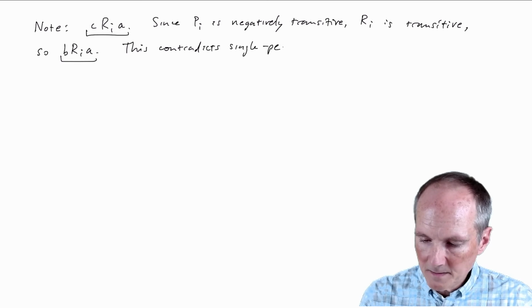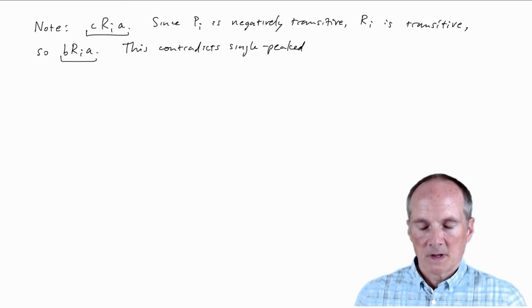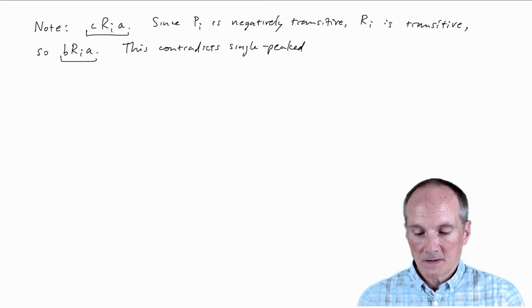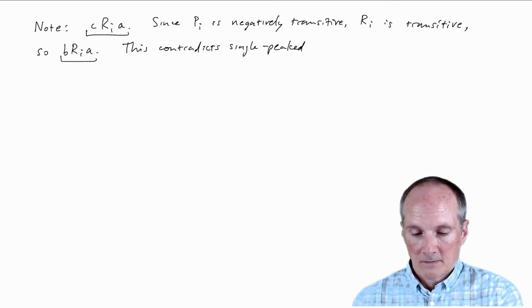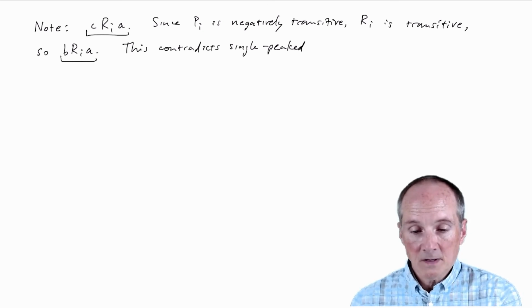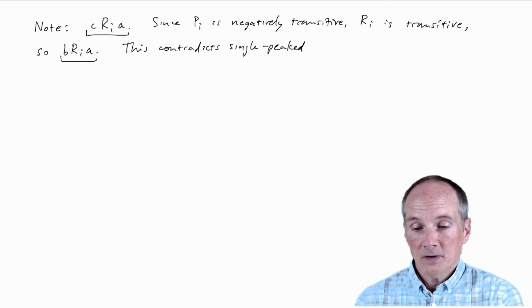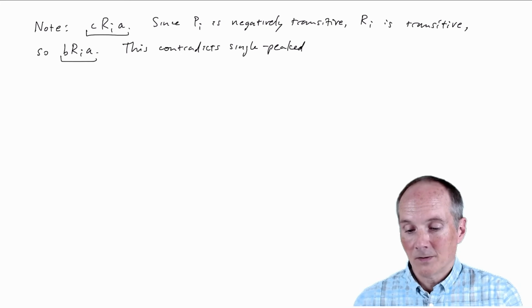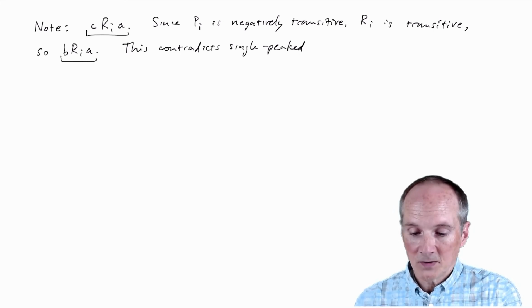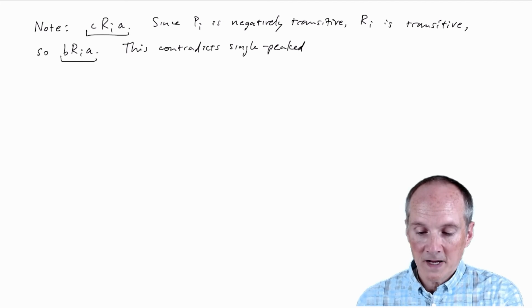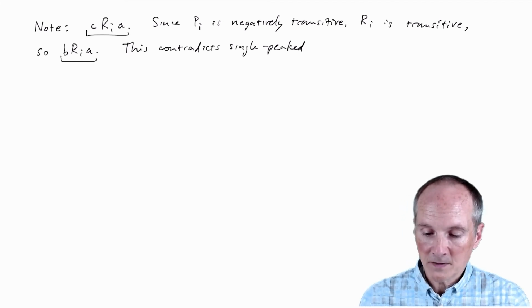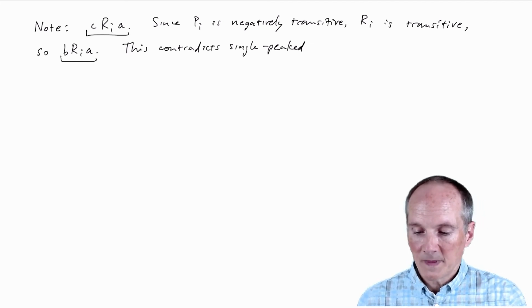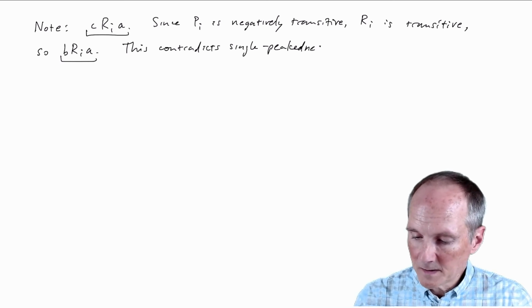Right, as we said, if an individual has single-peak preferences, then that middle alternative has to be strictly preferred to either the one on the left or the one on the right, or maybe both, but at least one of the two. Here we have an individual who does not strictly prefer A to C and does not strictly prefer A to B. That contradicts single-peakedness.